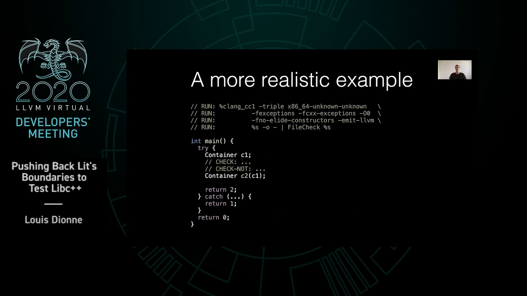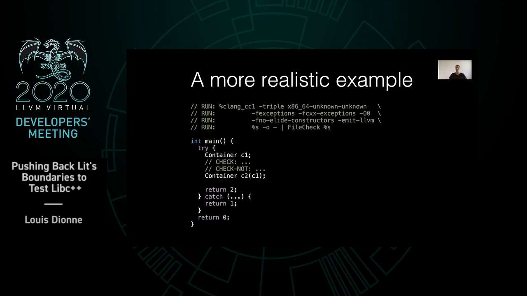So with that background, now we can understand a slightly more realistic example, like this one, which is taken from some Clang tests. So here we're basically running Clang CC1. So lit is going to expand that to the path to Clang and then dash CC1, then a bunch of options, and then %s, which expands to the current file. And then we pipe that into file check. So just skip the file check. It's completely another topic.